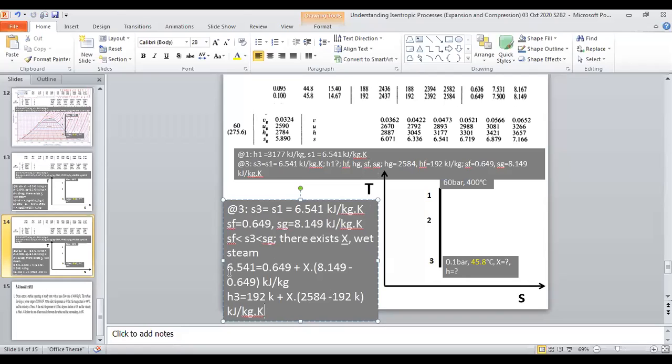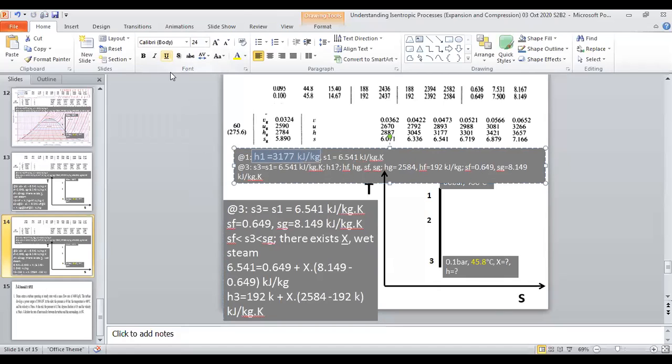So when you have H1, originally you have H1 here, CH1 you have. Now you have H3 here.